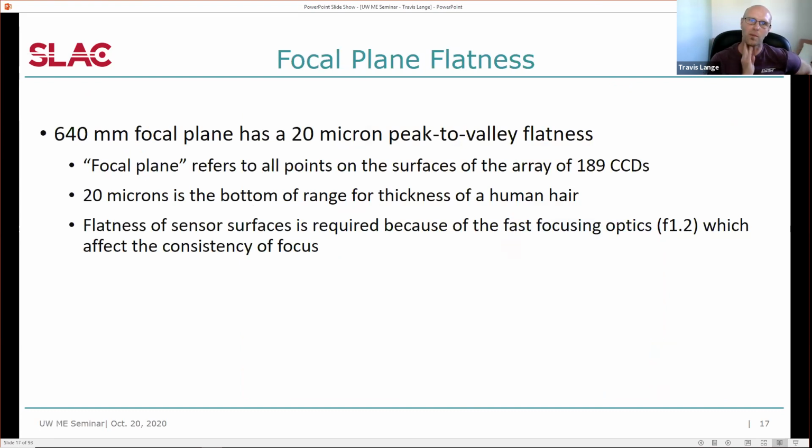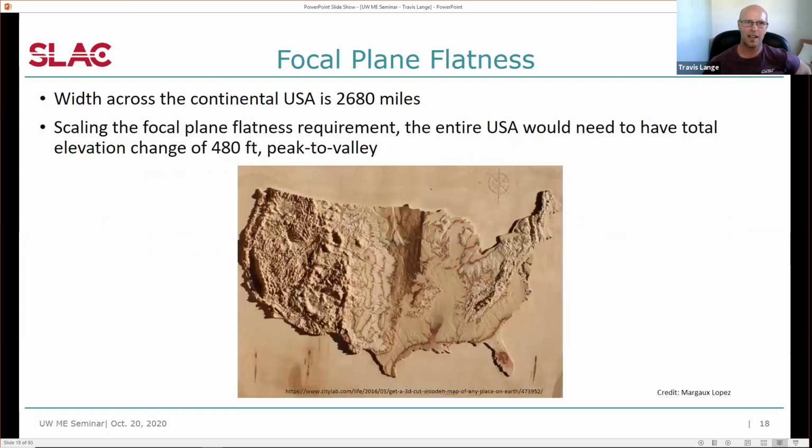I mentioned the focal plane flatness briefly. That 640 millimeter focal plane is flat to 20 microns, and it's a little hard to judge how flat that really is. As an analogy, the entire US would have to be flat to like 480 feet total.